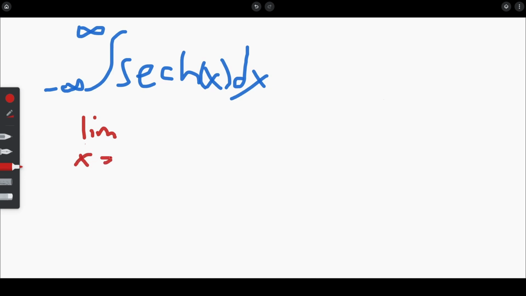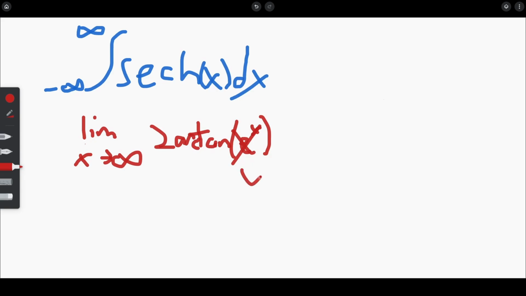So we'd say the limit as x approaches infinity of 2 arctangent of e to the x. So we know, you probably do know, that as x approaches infinity, e to the x approaches infinity. So we could basically just say this is 2 arctangent of infinity.